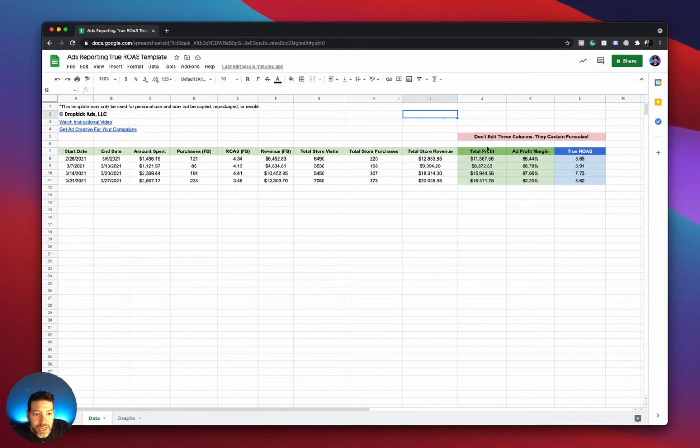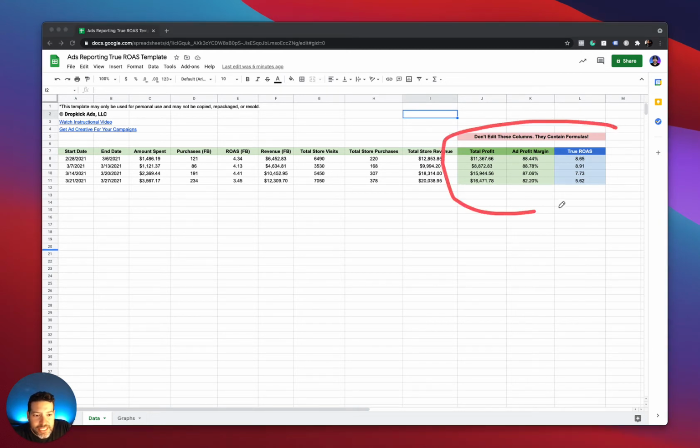First off, as it says here in red, do not edit these columns. These ones here are indeed formulas, so those will change based on the stuff you put in here. What you're going to want to do is, at the very minimum, you don't want to do daily.